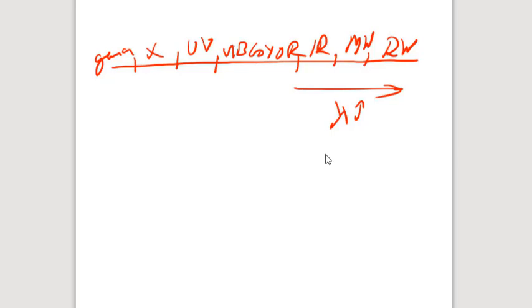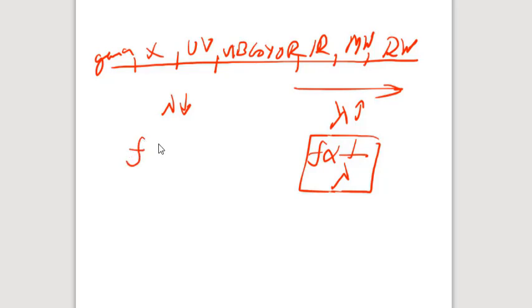Wavelength is large, and we know that frequency is inversely proportional to lambda, so frequency is less. Here the wavelength is small, so frequency is high. It means energy is high. More the energy, more is the penetration, or more is the ionizing radiation.